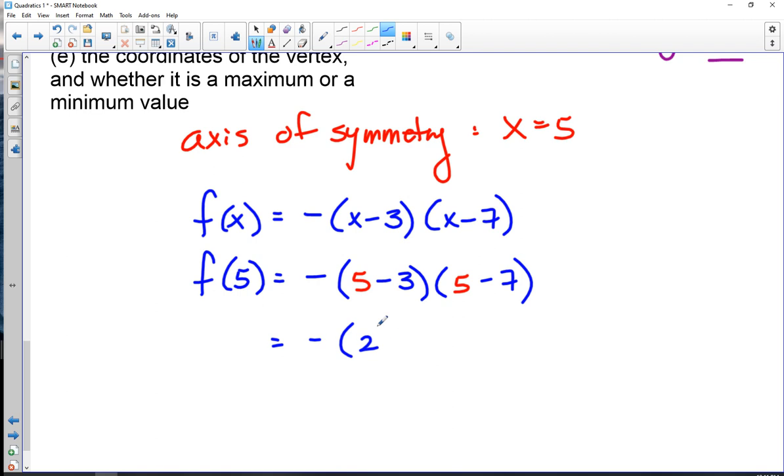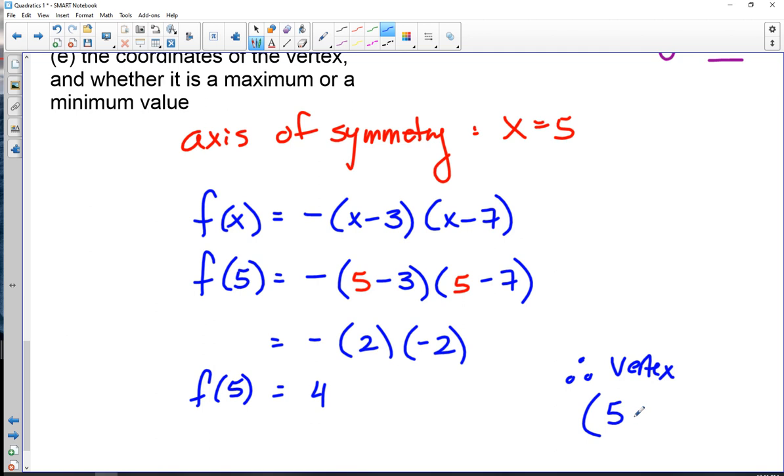So 5 minus 3 is 2. 5 minus 7 is negative 2. Negative 1 times positive 2 times negative 2 is going to give us positive 4. So that tells us, therefore, that the vertex has to have coordinate x equals 5, y equals 4.